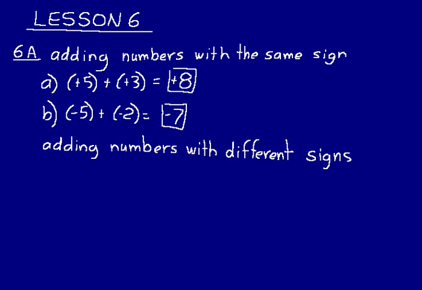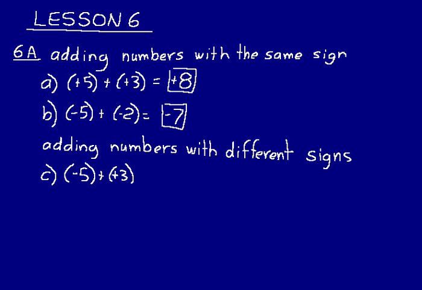Now let's add some numbers with different signs. So let's try a negative 5 plus a positive 3. So those numbers will have different signs. So again, like when we're adding them with the same sign, we just look at the absolute values.